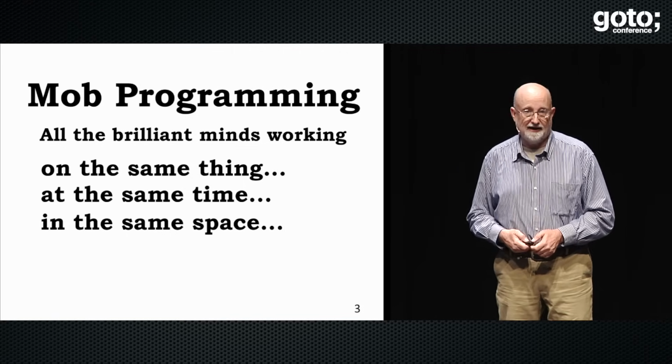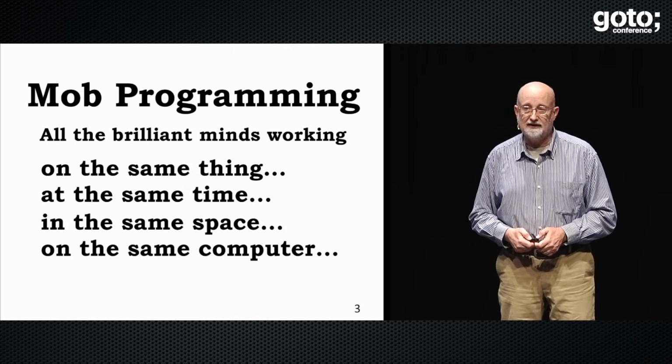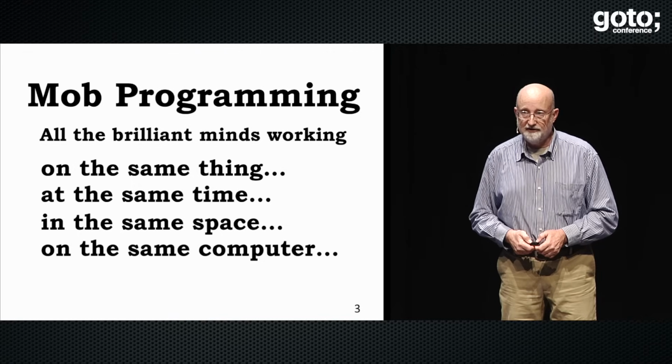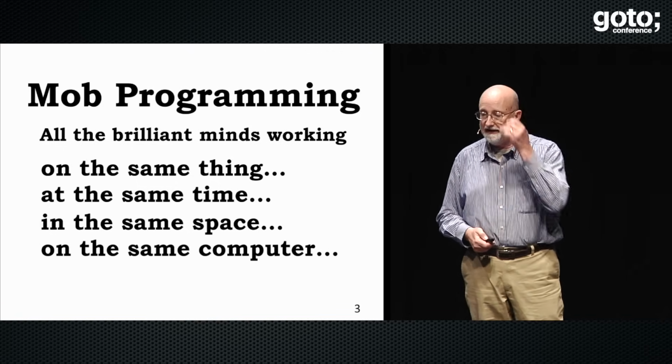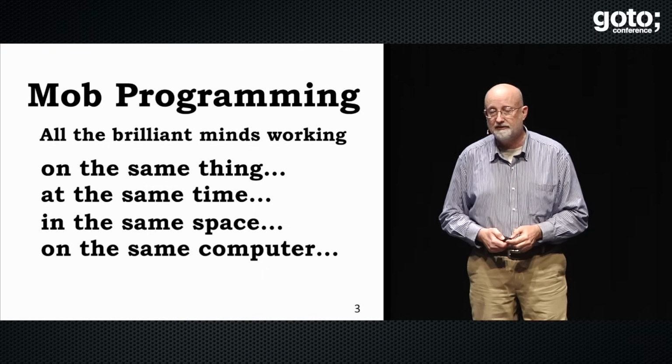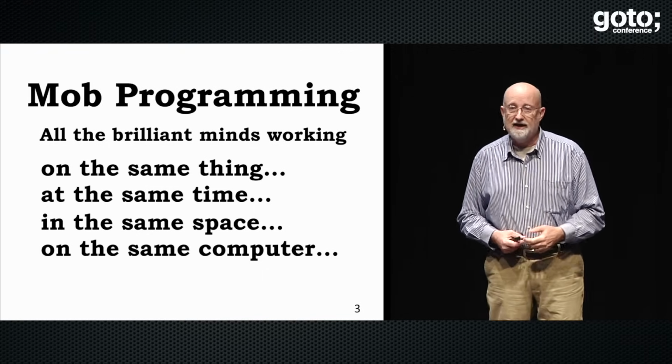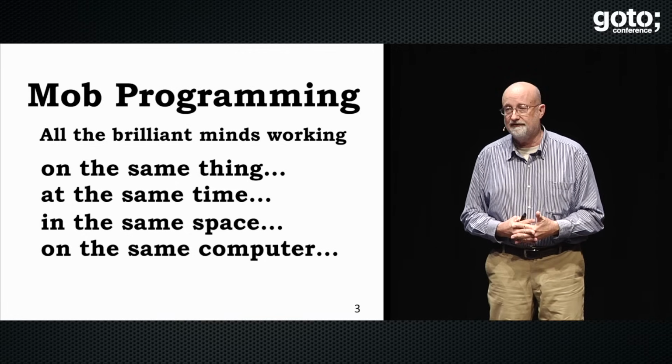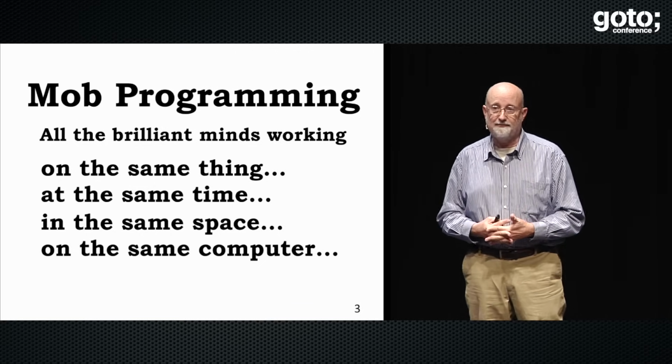What mob programming adds to it is this idea that we're going to be working at a single computer, which is like pair programming, but just with more people. So Joshua Kerievsky, a friend of mine, I heard him talk about pair programming. He says this now about mob programming. But pair programming is the continuous integration of ideas. And for me, that's what mob programming is about.